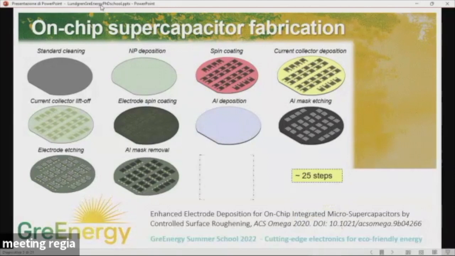So this process is some 25 steps, and we can also use this actually to build consecutively a stack of different kinds of materials when we want to build and construct this electrode.